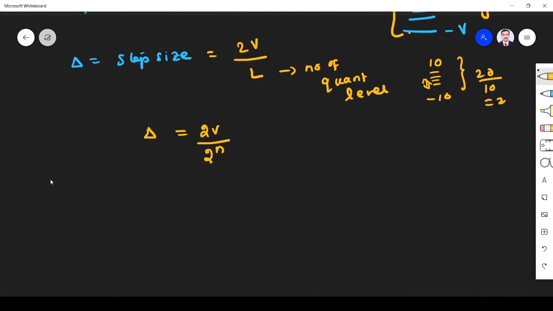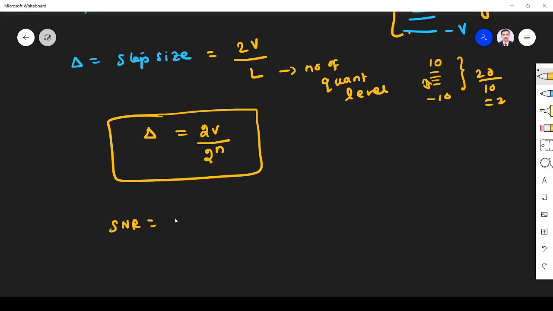Now we substitute these values in the SNR. The numerator is the normalized signal power, let me consider that as P. The denominator is del squared by 12. Del squared is 2V divided by 2 power n, squared, times 1 by 12.